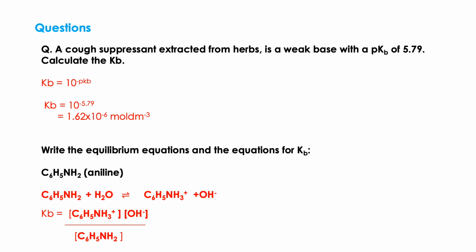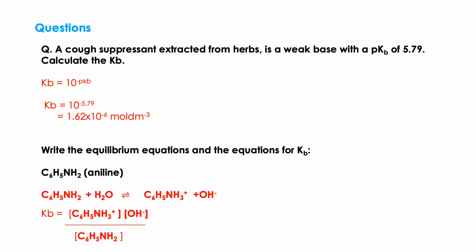Second question. Write the equilibrium equation and the equation for Kb for aniline. Aniline is a weak base which has the formula C6H5NH2. It has an NH2 group, which means it is basic in nature. So, when it reacts with water, the water acts as an acid and donates a proton, which adds onto the NH2 group.